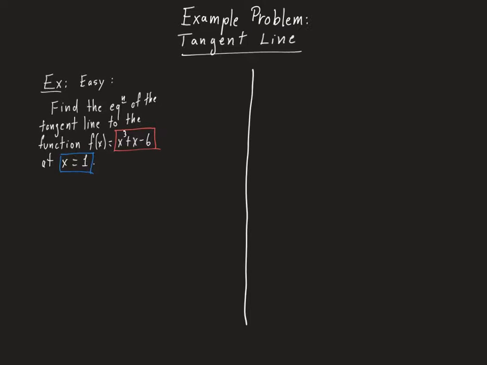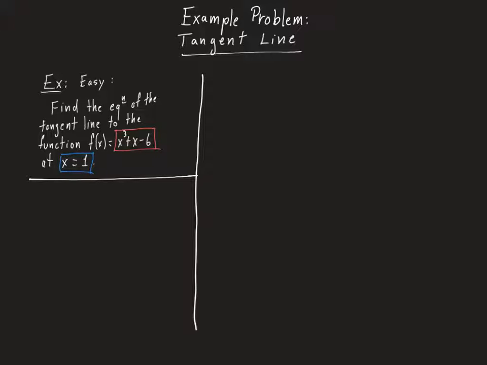Okay, now I'm going to make this small, and I'm going to move this line over. The reason for this is that the process for finding the equation of a tangent line is always going to be the same no matter how crazy or weird looking the function you're given is.